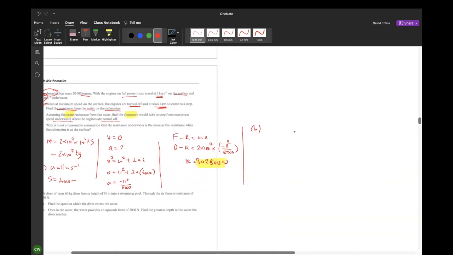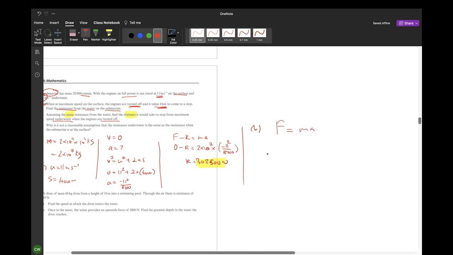That means now we will turn off the engine, and the same thing. We are looking for distance, so we need to find the A first.